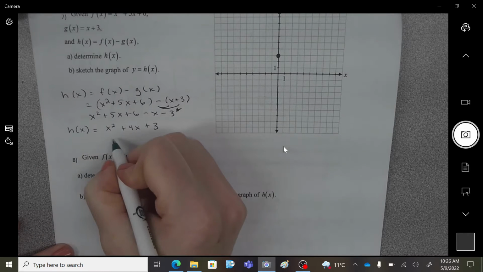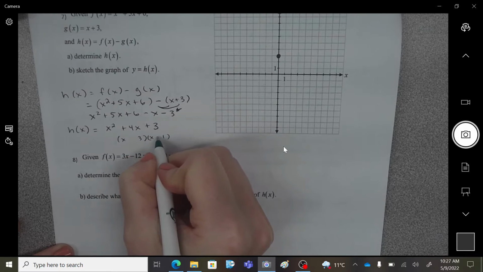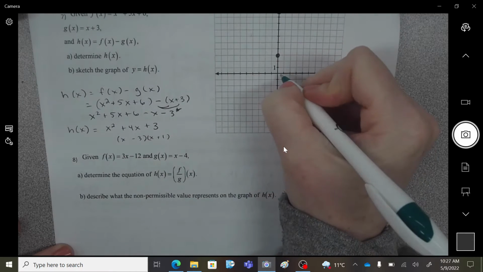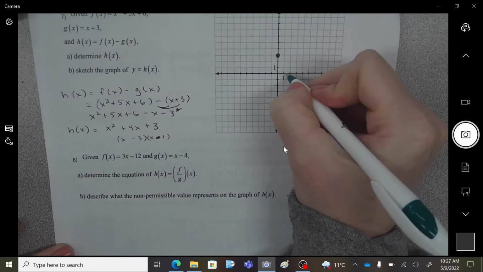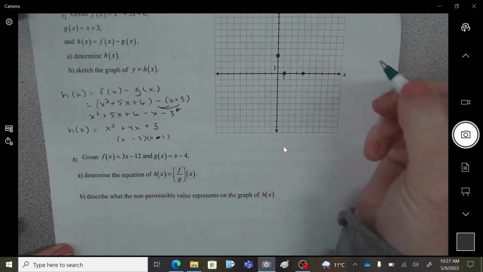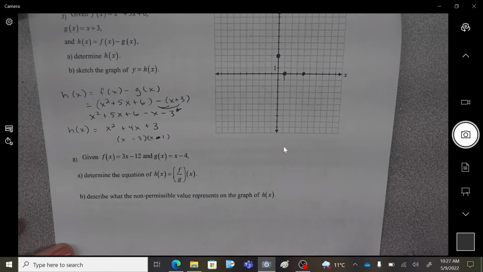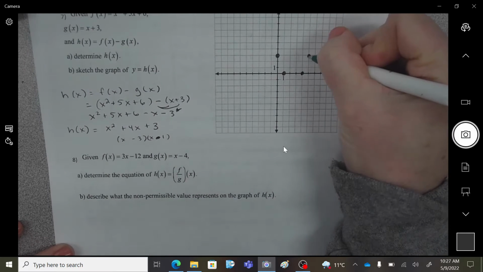Quickly, I could factor, 3 and 1. So at 1 and 3, I have x-intercepts. I can move this point symmetric over there.